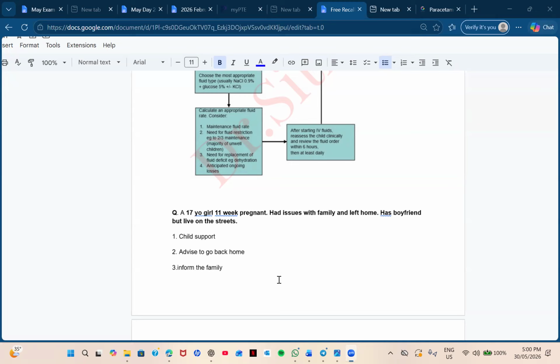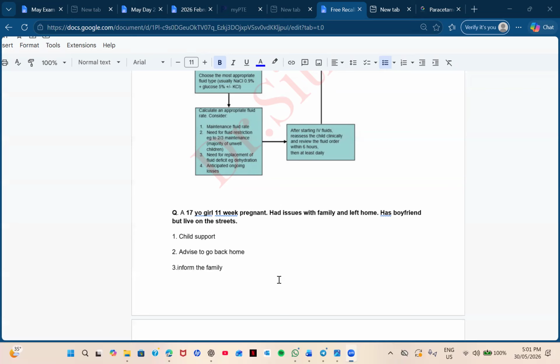Okay, as the child is 17, right? I'm asking, without her consent or without asking her, can we just recommend or counsel child support agencies or anything?